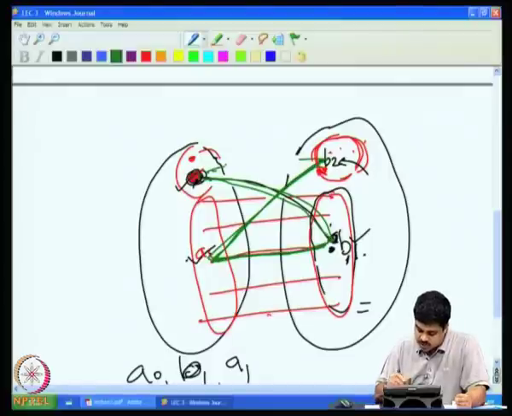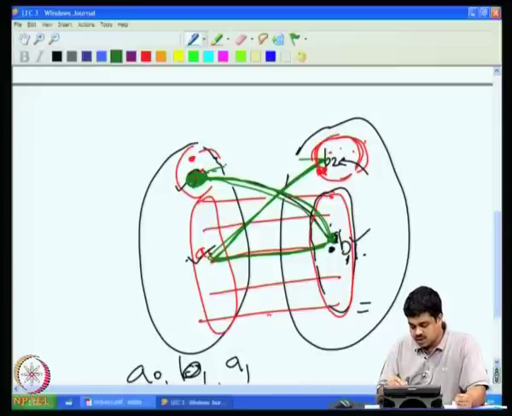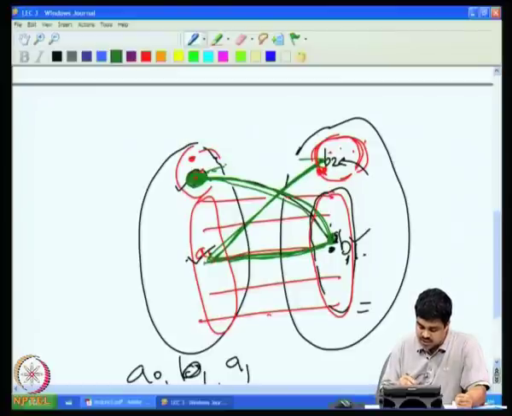Why is it an augmenting path? It starts from an unmatched vertex on the A side, follows an unmatched edge and reaches a matched vertex on the B side, then travels via a matching edge, then travels by an unmatched edge and reaches the unmatched vertex on the B side.